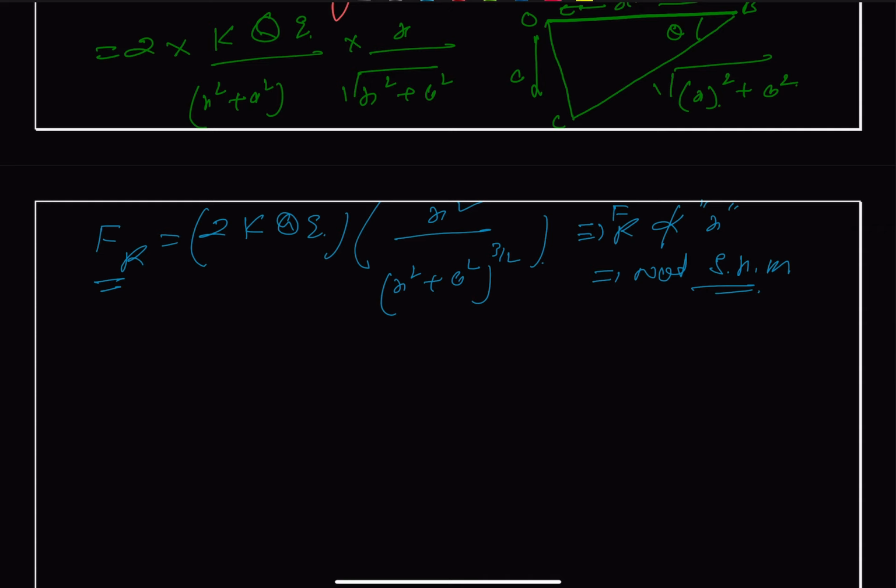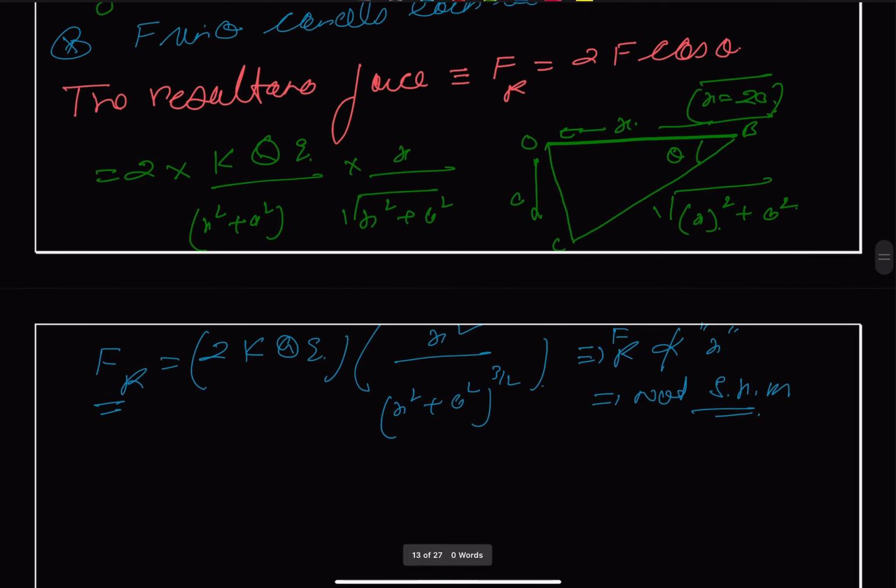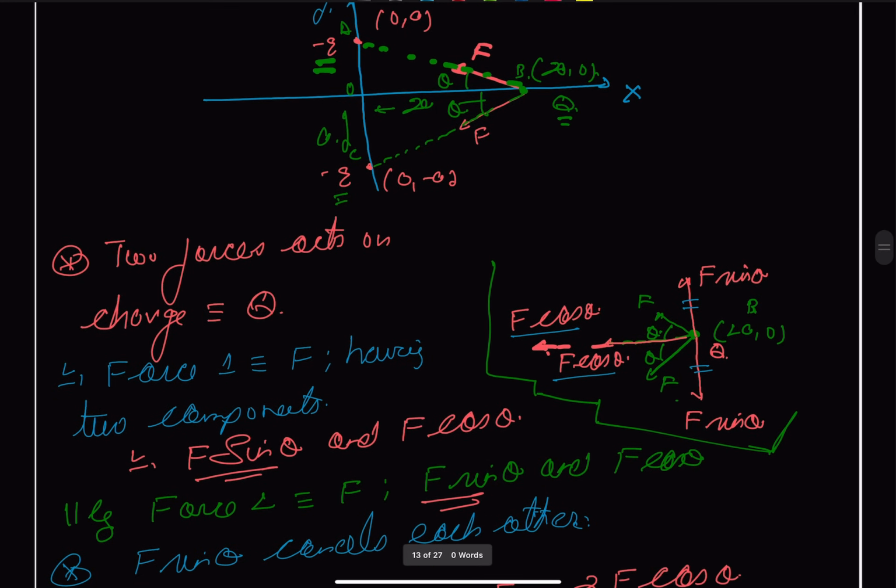But the net force is acting towards the origin. Okay, so we have this resultant force, and this resultant force is acting towards the origin. So as it moves toward the origin, it is going to accelerate and gain velocity, and at the origin the net force will be equal to 0, but because of the momentum it has gained, it is going to overshoot the origin to the other side and move toward the left.